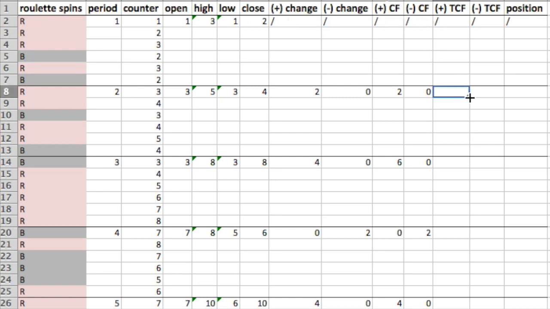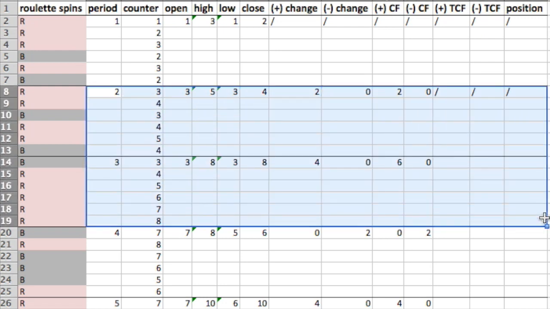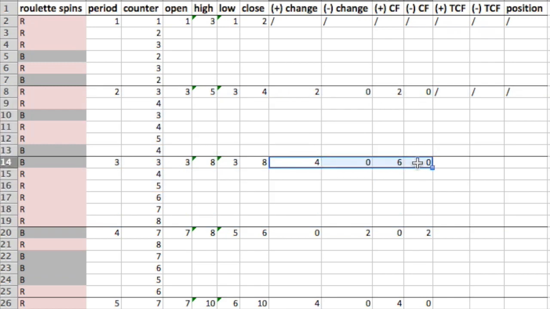So there's nothing I can say about the TCF, the minus TCF, and nothing you can say about the position I have to take. So now I go to the next 2 periods. And now, as you can see, we have all the information, right? So here and here.